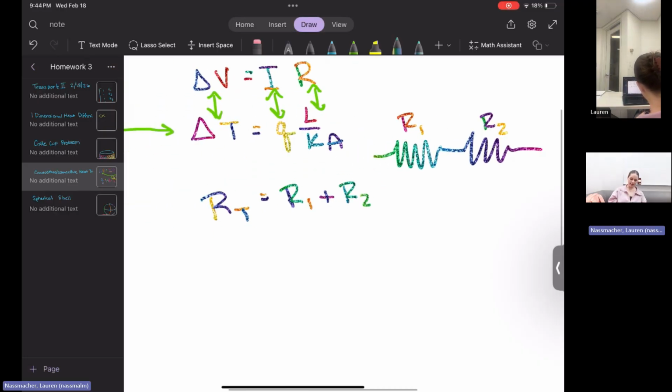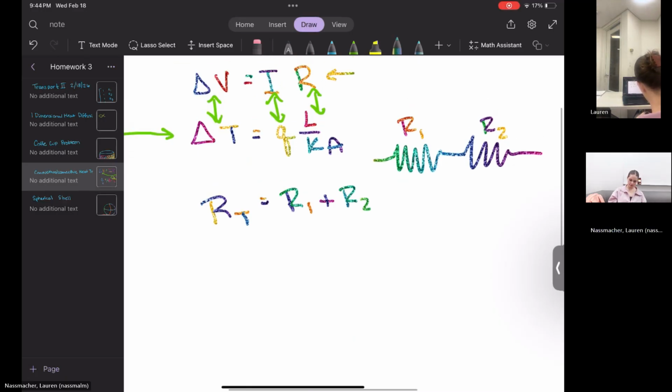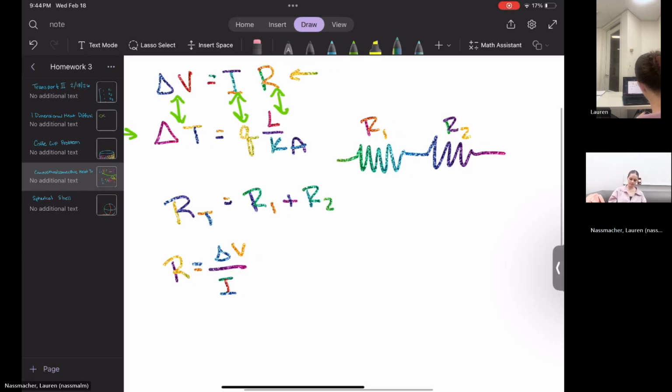And we can rewrite this equation as R is equal to delta V, change in voltage, divided by current. But we don't want the resistance. We don't want the total resistance because that would be the total of these variables right here. We want the total heat flow.